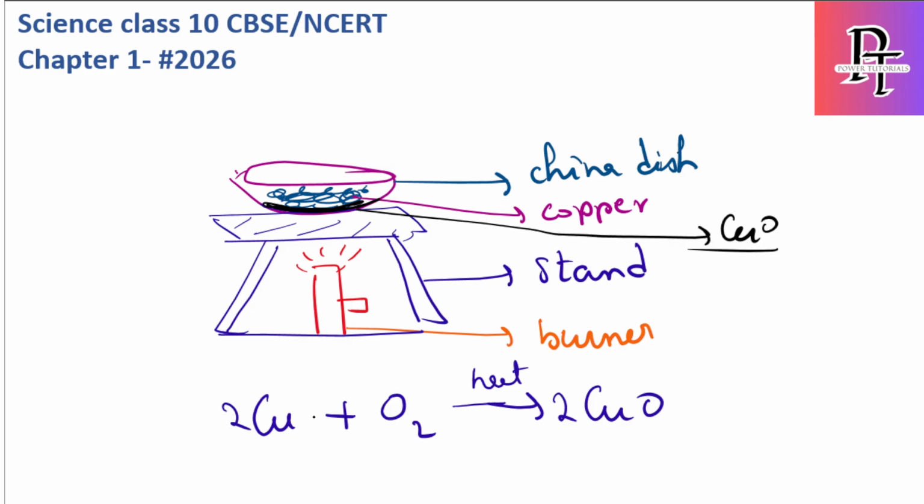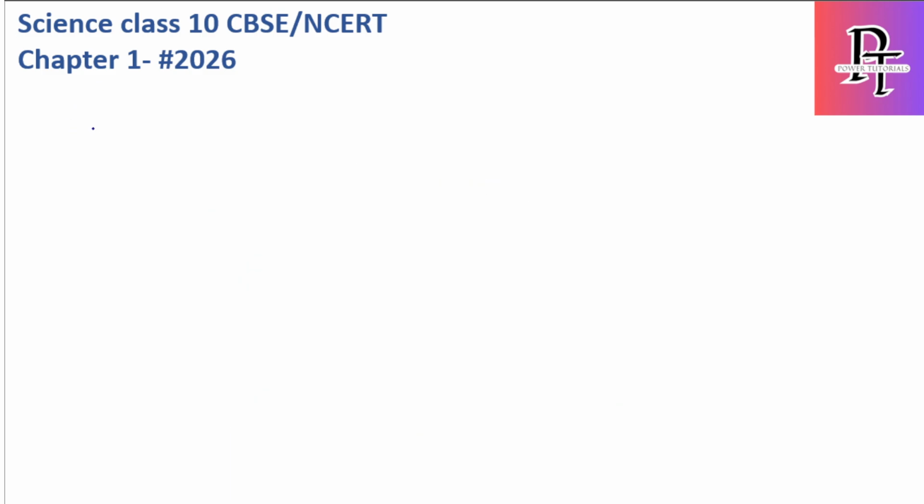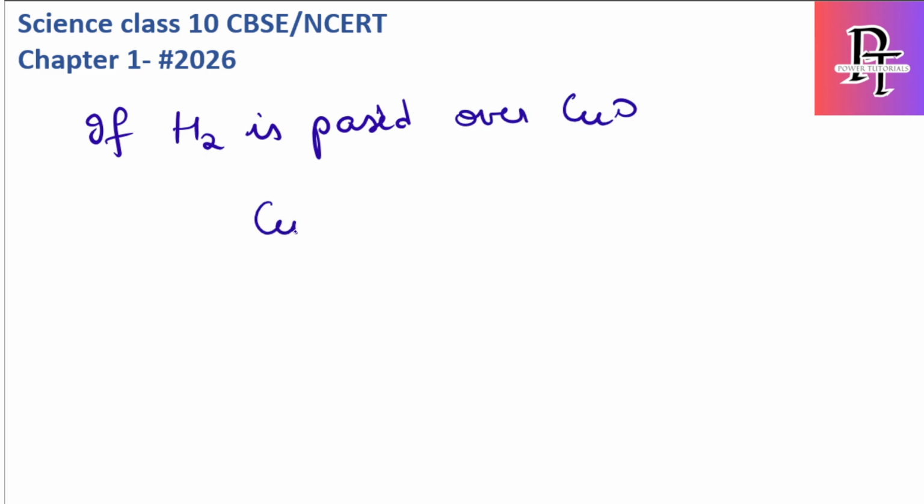Okay, so this CuO which is getting formed, if hydrogen gas is passed over it, what will happen is CuO reacts with hydrogen.